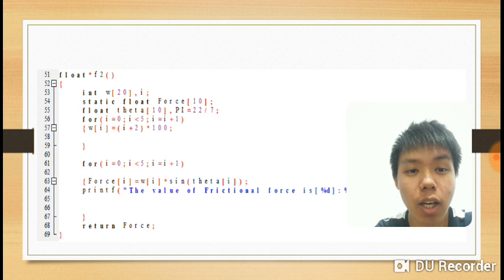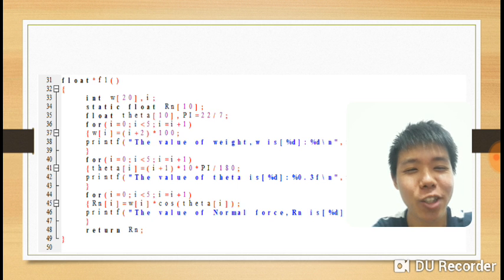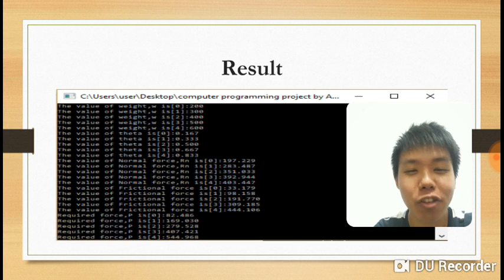In the programming, I also wrote it down in the equation. So the increment of the weight is 100 Newton, and theta is increased by 10 degrees. So this is my result.